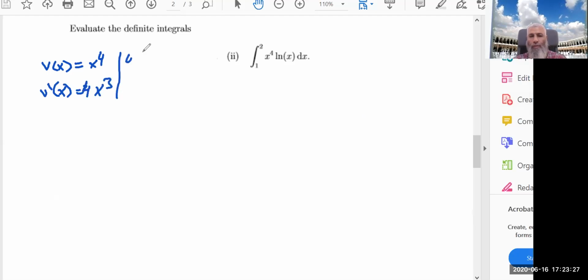And u of x is ln x. What's the derivative of ln x? 1 over x. Right.